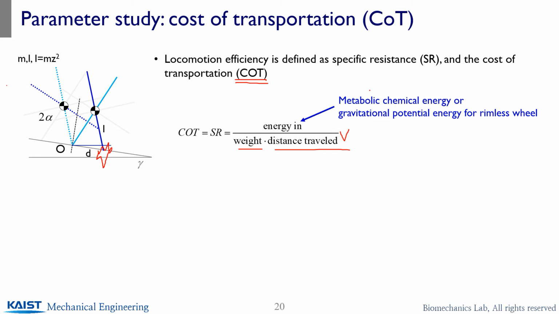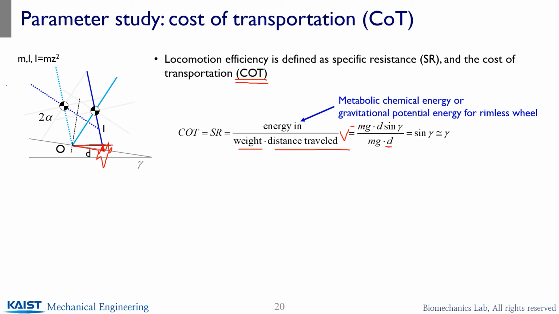For the rimless wheel, gravity is the only energy source here, so it's the gravitational potential energy. For the rimless wheel, the distance traveled is going to be 2 alpha L, the distance d, and the gravitational potential energy drop will be calculated from the vertical component of the mass height change, which is d sine gamma.